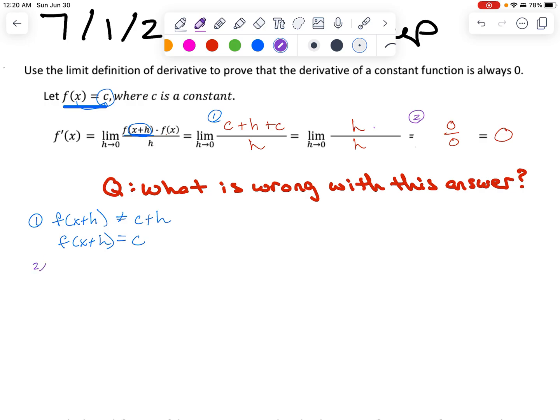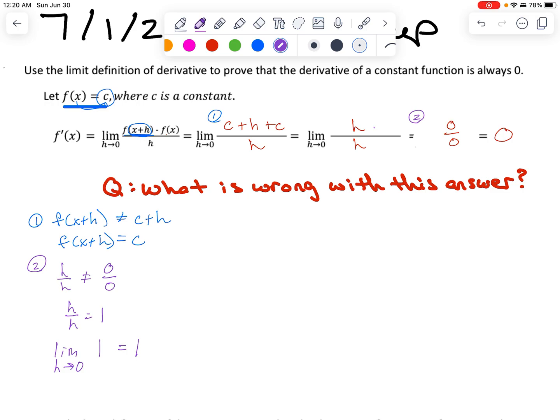So the second step error is that h over h is not 0 over 0. This is actually 1. So if they had gotten 1 as a solution there, then they should have gotten limit of h goes to 0 of 1, which would be equal to 1, which of course is not 0. So still not correct.